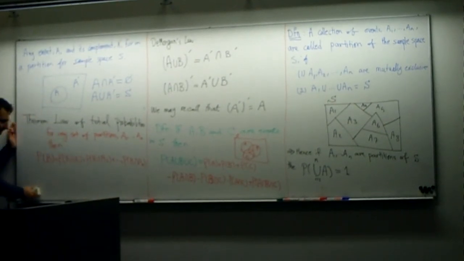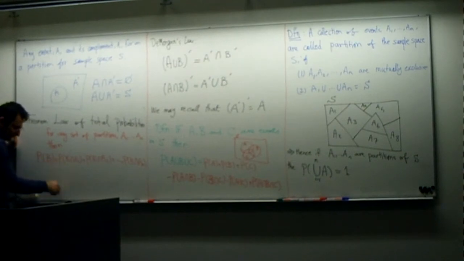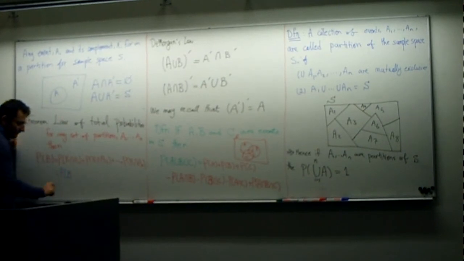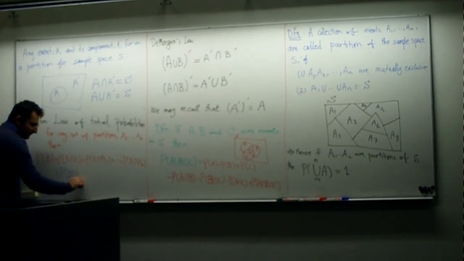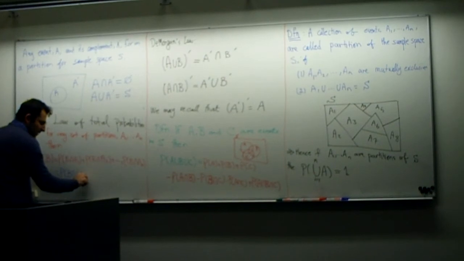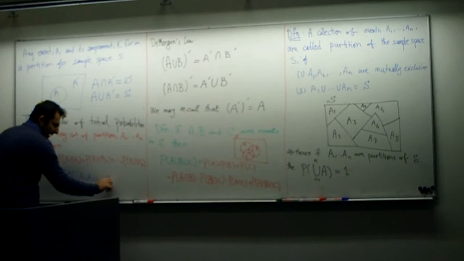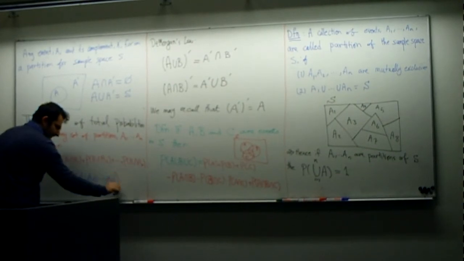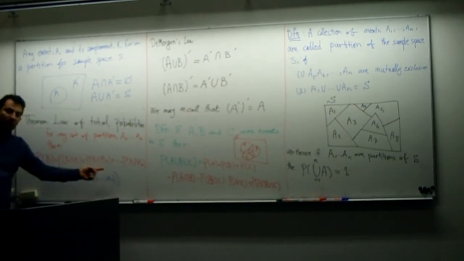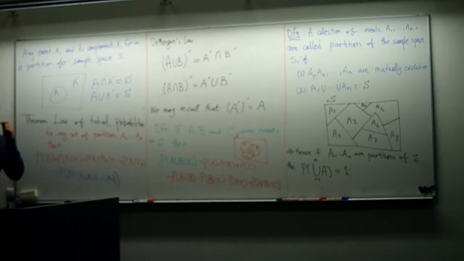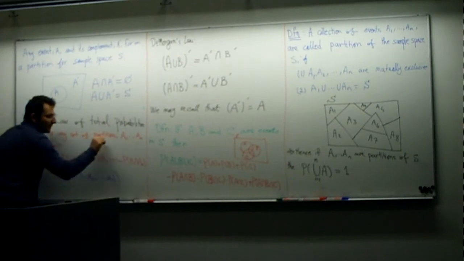This can be written, and the proof is what I write in blue, as the probability of B intersected by A1 union A2 union AN. Well, what is A1 union till AN? It's sample space. Why? Because they are partitions, right?